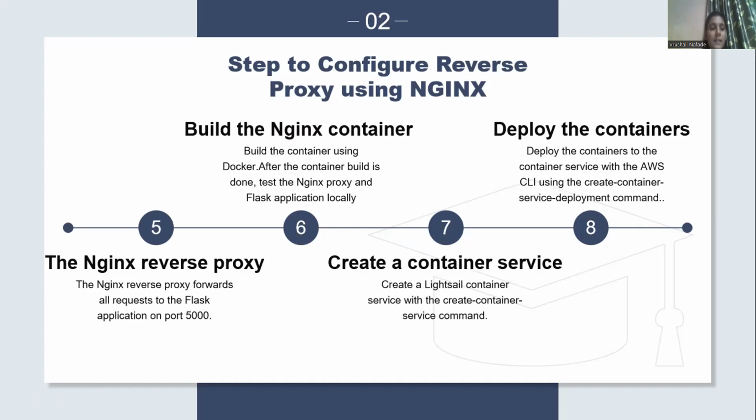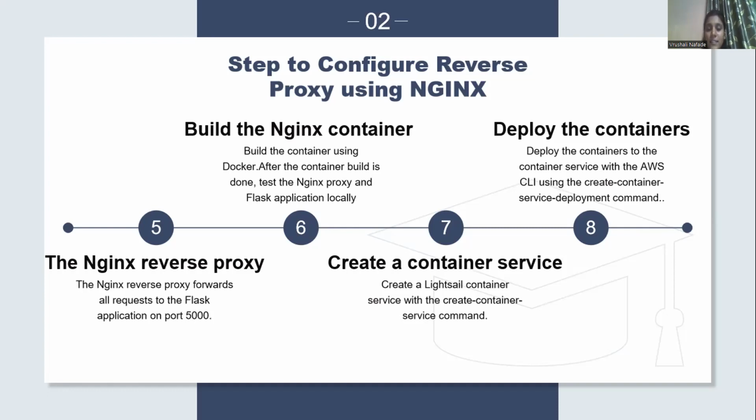The fourth step is the NGINX reverse proxy. NGINX reverse proxy forwards all the requests to the Flask application on port number 5000, and NGINX is on port number 80. And in the sixth step, we will build an NGINX container. To build an NGINX container, we will use Docker, and after building the NGINX container, we will test both the applications locally.